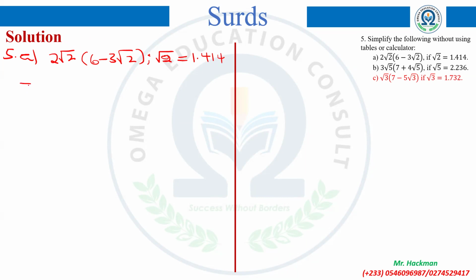So this will be equal to, you could come and substitute directly the value of root of 2 here. But you have to avoid a situation where you will be multiplying 2 decimals, because if you want to multiply 2 decimals, obviously the calculator will come in.